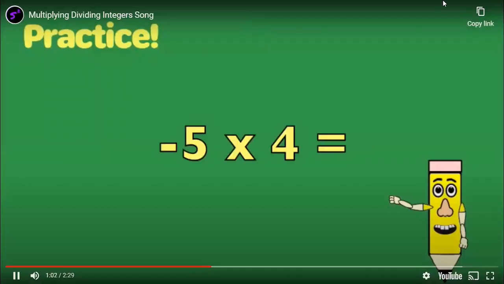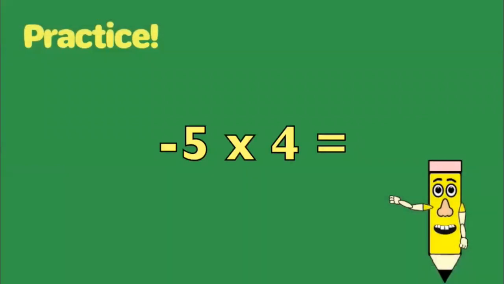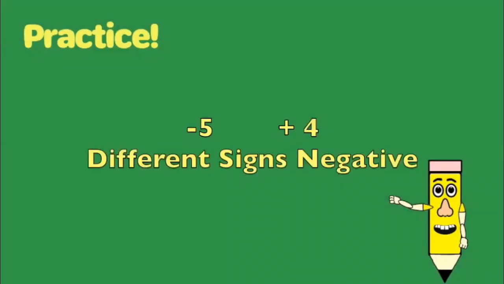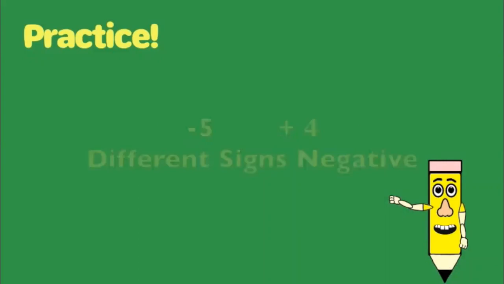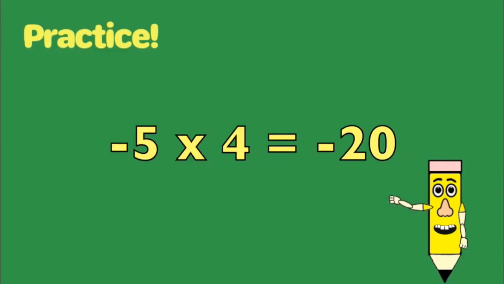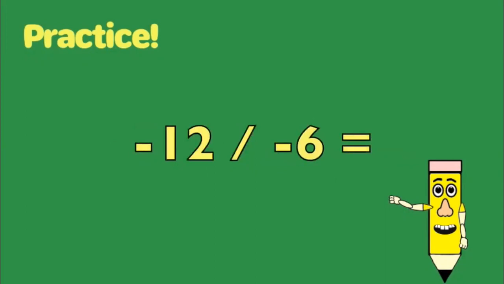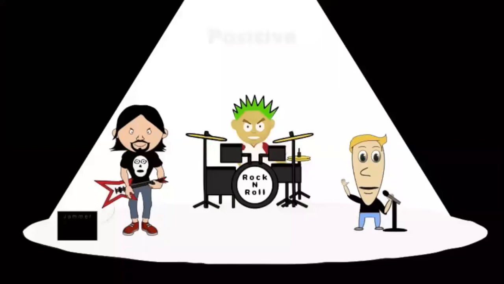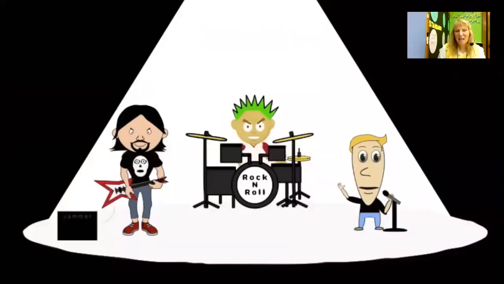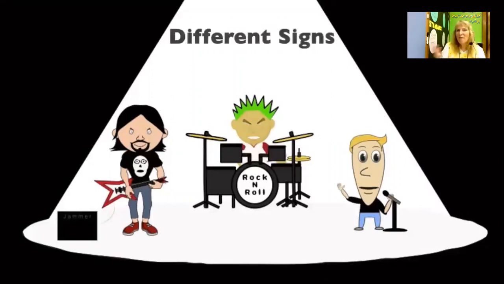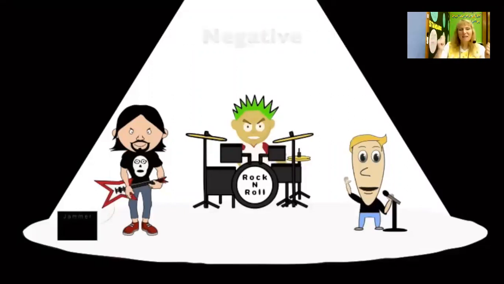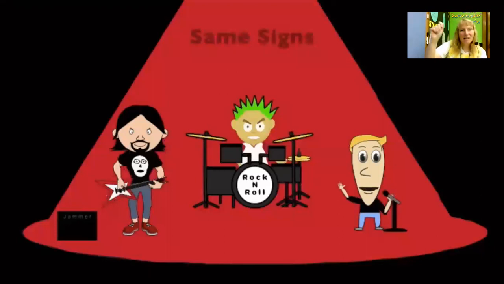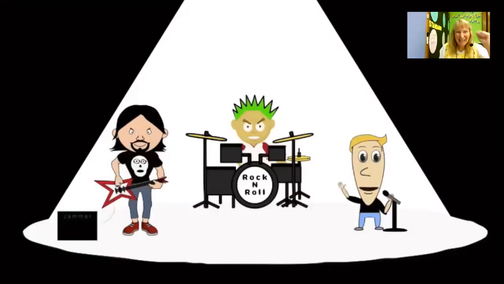Negative 5 times 4, what do we do? We look at the signs, then we multiply. Since they are different, it will be negative. But what if I had negative 12 divided by negative 6? See it, same signs positive, different signs negative.